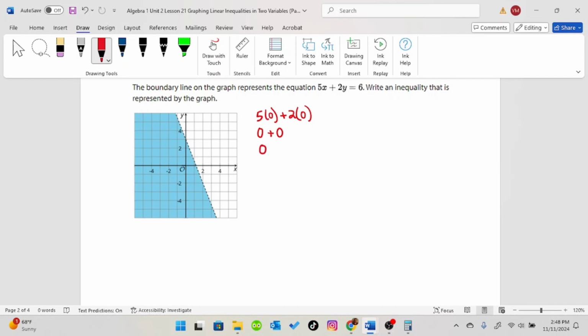We know that 0 is less than 6, therefore the inequality should be 5x + 2y < 6. Every point in the blue shaded region will make this inequality true.